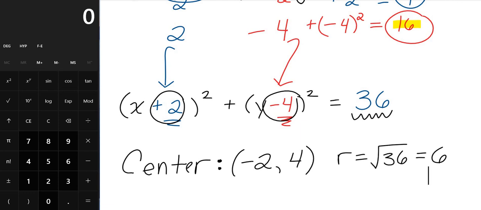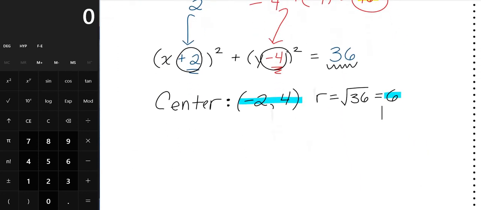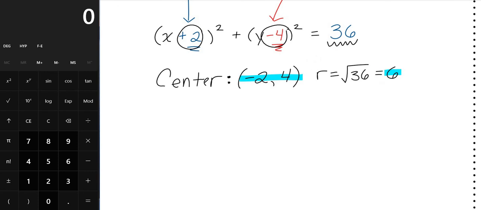So imagine what the circle is going to look like. As far as the question is concerned, we're done. The center is at negative 2, 4. The radius is 6. We're done. But I want you to think about what this circle looks like. Okay? So if I visualize this, I'm going to create our x and y axis. I'm going to put the center of the circle at negative 2, 4, which is maybe around here. And then it has a radius of 6, which means it goes 6 in all directions. 6 to the right, so I can put a point there.